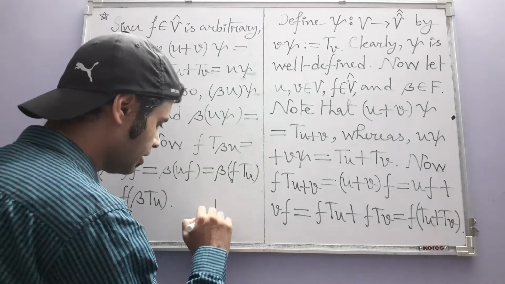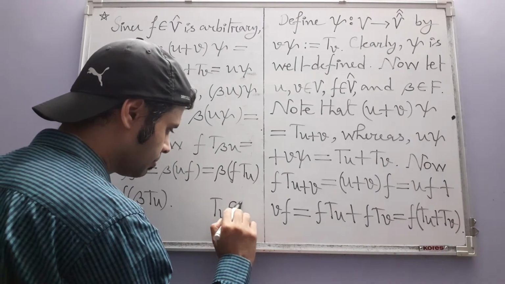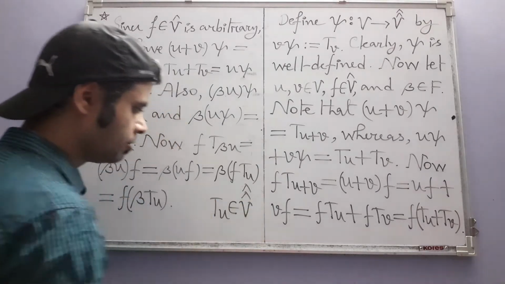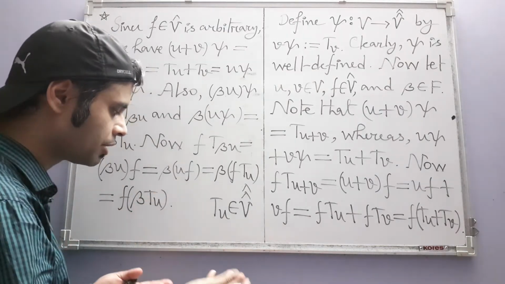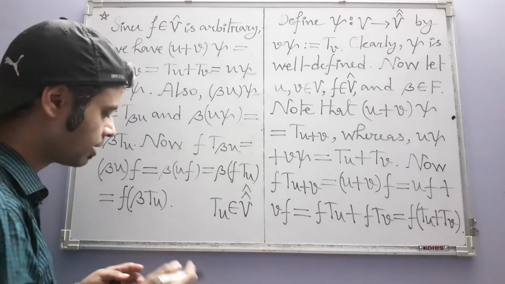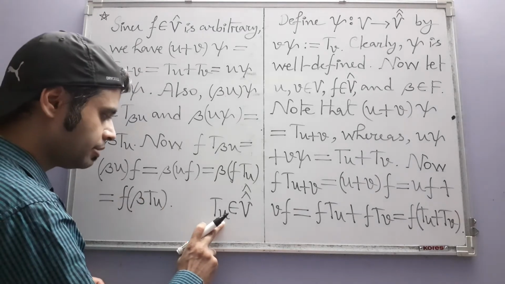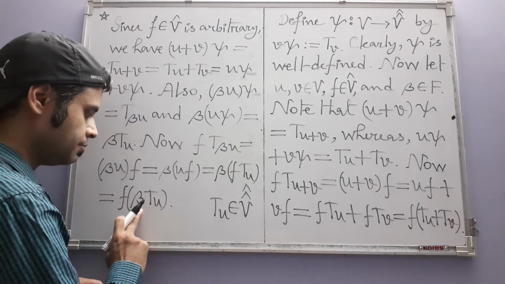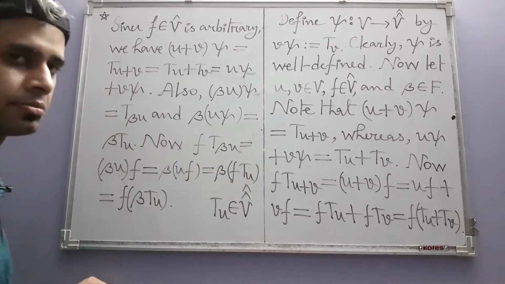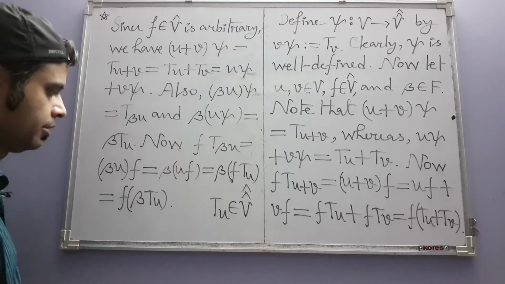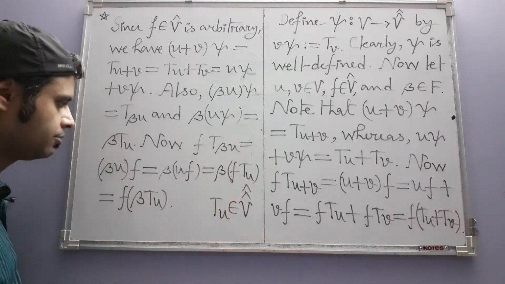T u is an element in the second dual, which after all is a vector space. So it has its own operation of multiplication by scalar. So that means if you multiply T u by this scalar beta, the definition of that operation is actually this, nothing else. So that's why we have this equal to this.